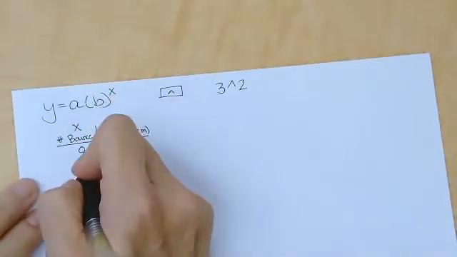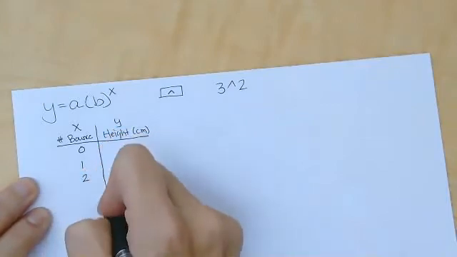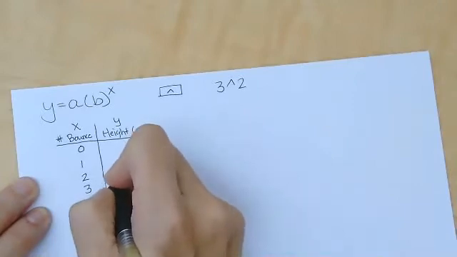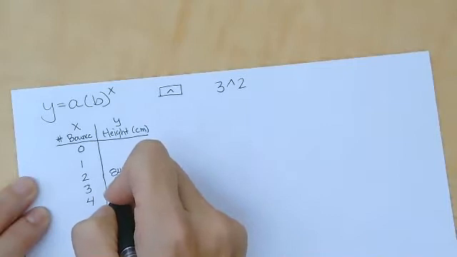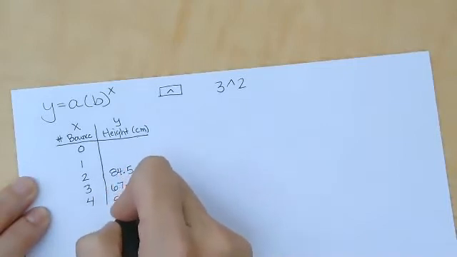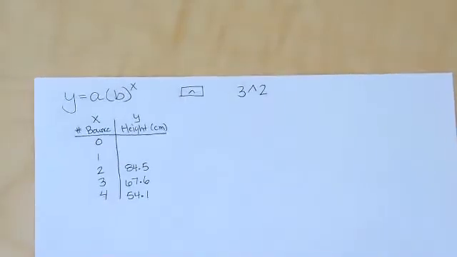So we've got 0, 1, 2, 3, and 4. Second bounce, the ball goes up to 84.5. Third bounce, 67.6. Fourth bounce, 54.1.